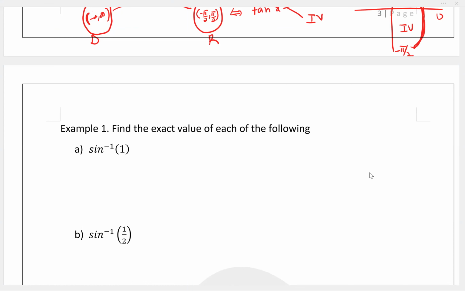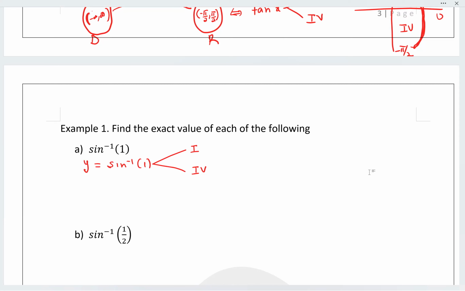So here the way we can write is, let's assume that y is equal to sine inverse of 1, right? Now we already said that because of the range of sine inverse, it can be found only in the first or in the fourth quadrant. This is simply because of the range of sine inverse, which is from minus pi over 2 to pi over 2.